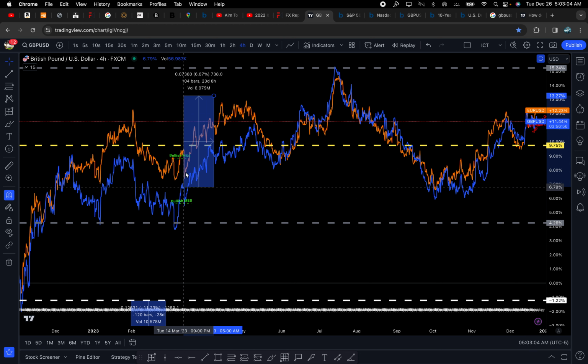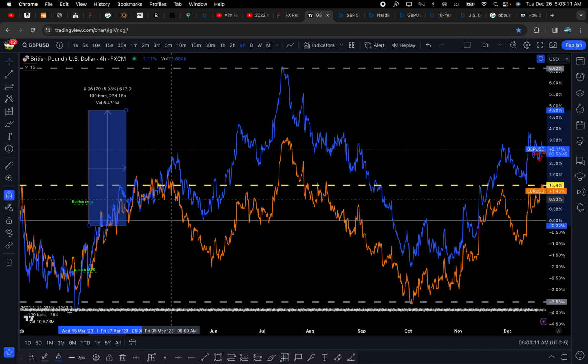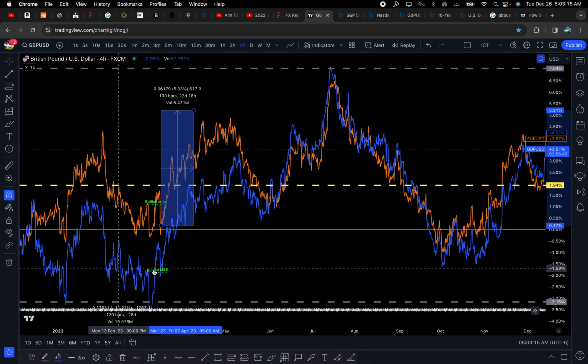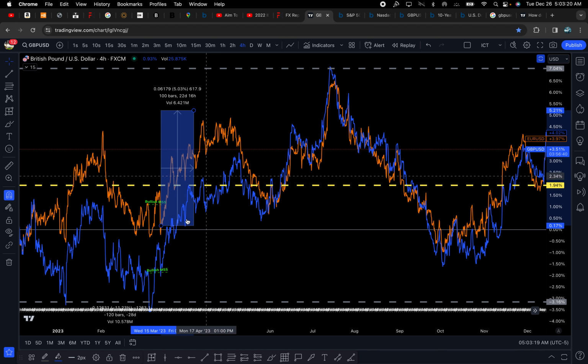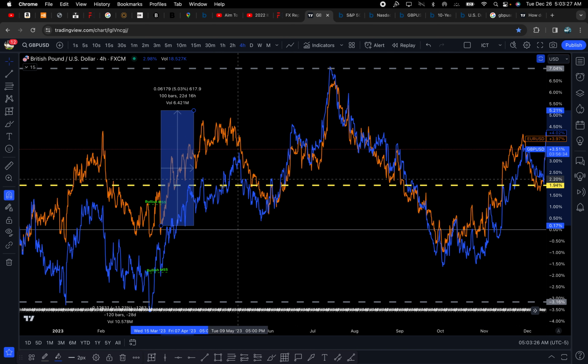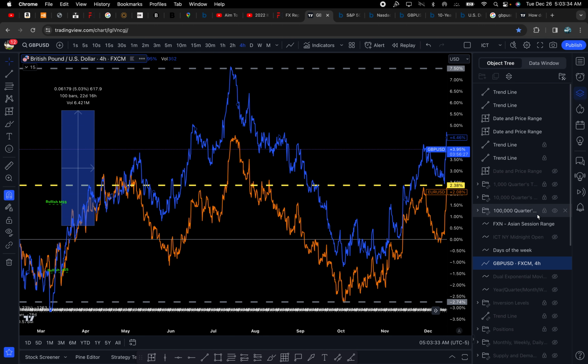So here that's basically an inversion level if you look. Because see, there's that high, and then that low bounces off of that level. My key levels are only valid right now for the blue, because the blue is the British pound.